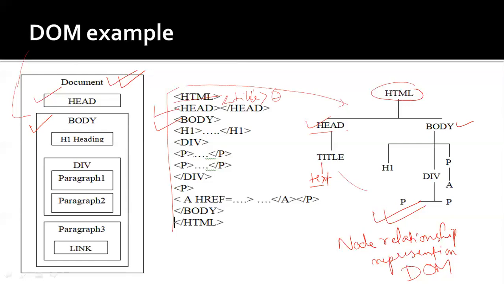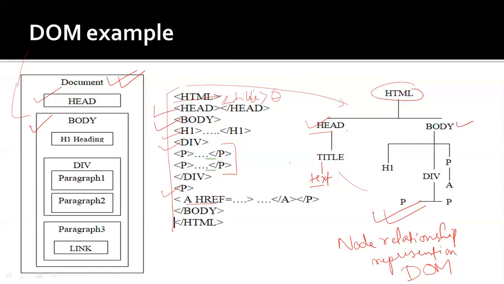As you can see here, the body tag contains other elements also: h1 tag, div tag, and inside the div tag it contains two paragraphs. Again, there is a paragraph tag which contains an anchor tag.